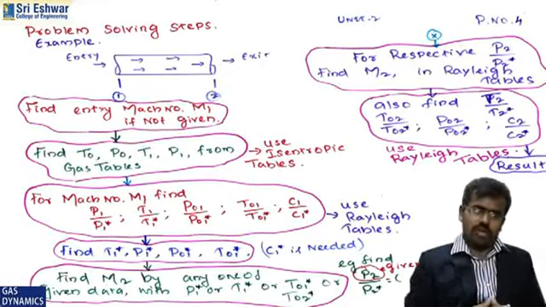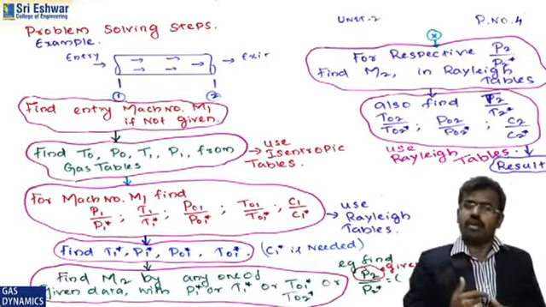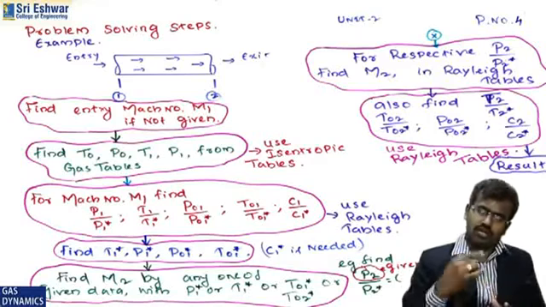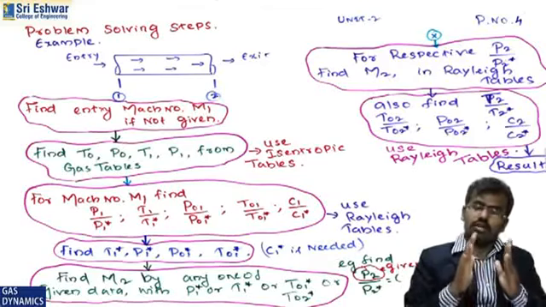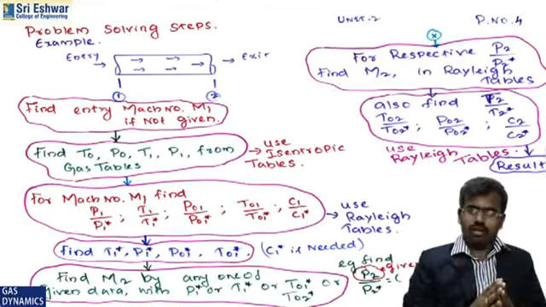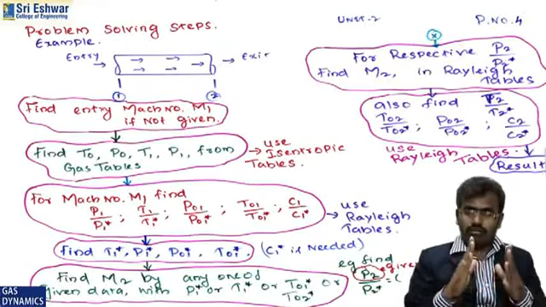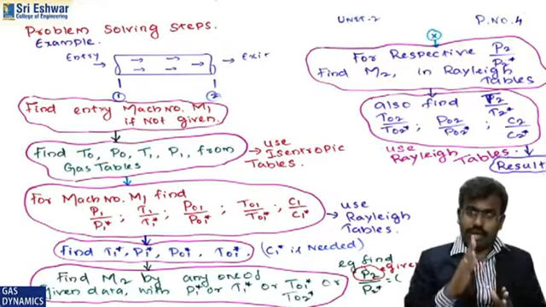The next step is, for section 1, you need to find the Mach number, then with the same Mach number find P1 by P1 star, T1 by T1 star, P01 by P01 star, T01 by T01 star, C1 by C1 star. These ratios should be found in your Rayleigh table.